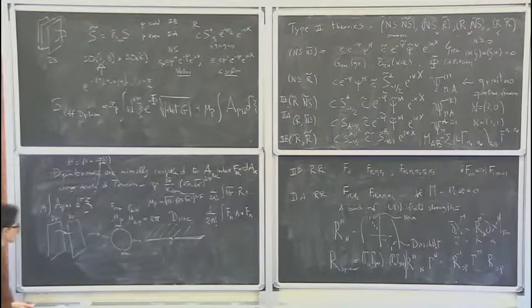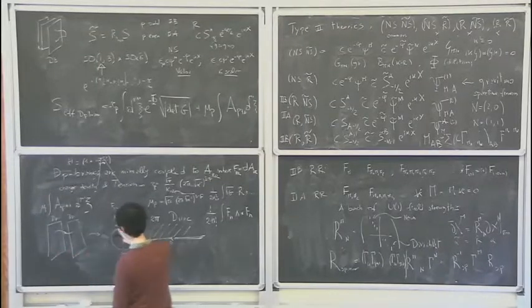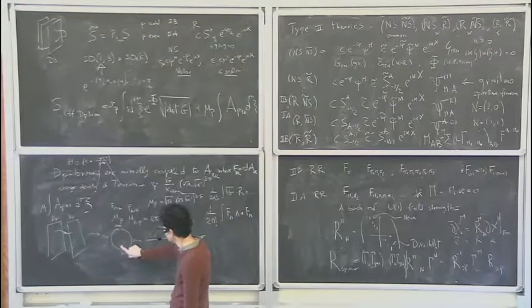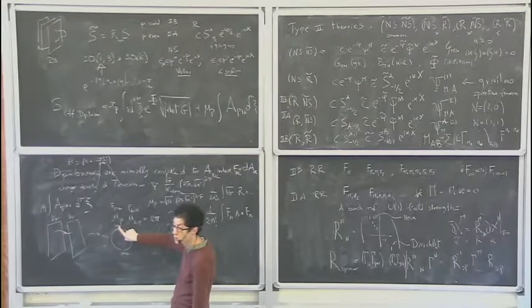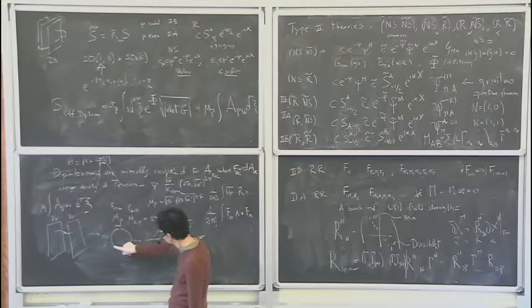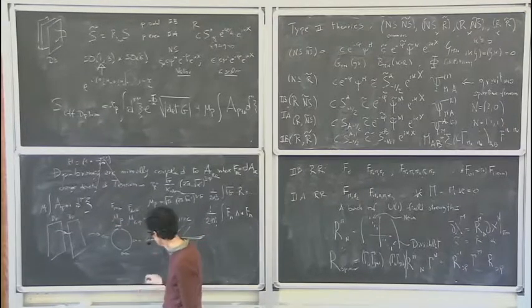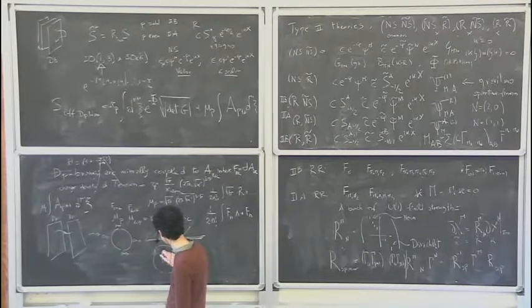So what he says is that I want to get rid of these points. I don't want to have an insertion, but I still need the endpoint to stay on the same boundary. So the simplest possible calculation is one where this end stays on D-brane 1, and this end stays on D-brane 2.